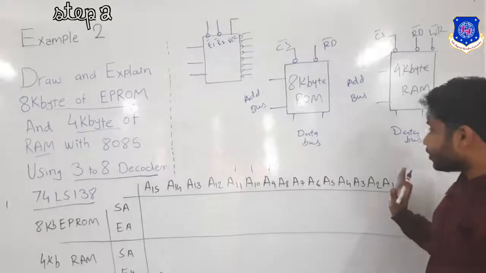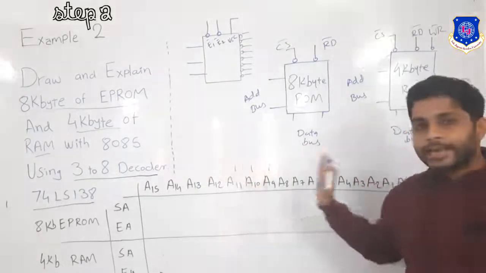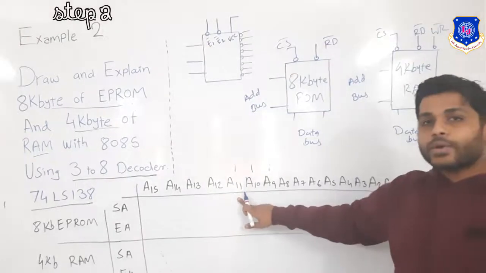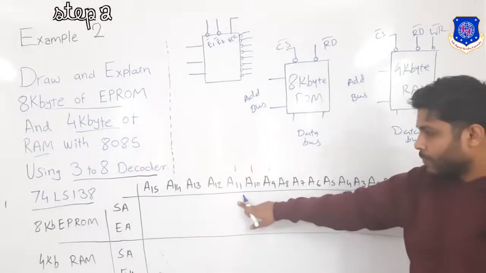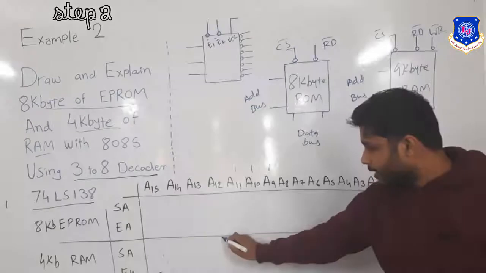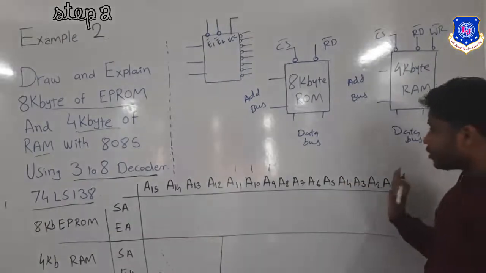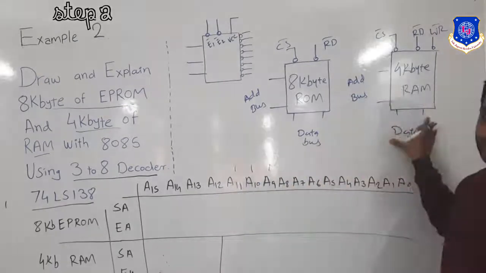If you are connecting A0 to A11, it means a total of 12 address lines. Using these 12 address lines, you can connect 4 KB of RAM. So you can clearly understand that to connect 4K RAM, we have to connect A0 to A11 to this memory.